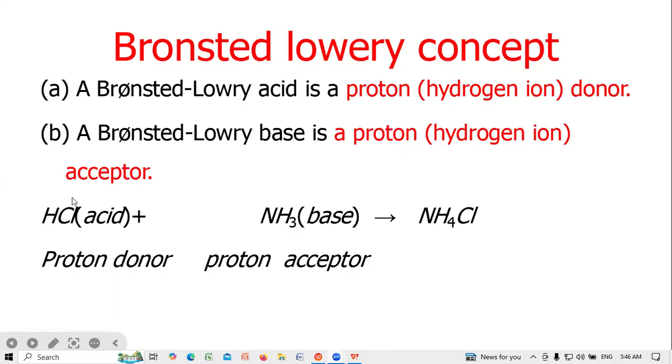For example, hydrochloric acid and ammonia are an acid and a base because hydrochloric acid donates the hydrogen ion to ammonia, and ammonia accepts the hydrogen ion. So hydrochloric acid is the proton donor and acid, and ammonia is the proton acceptor, that is the base.